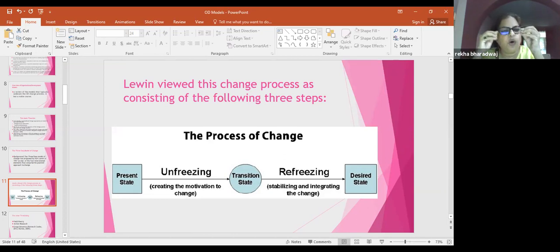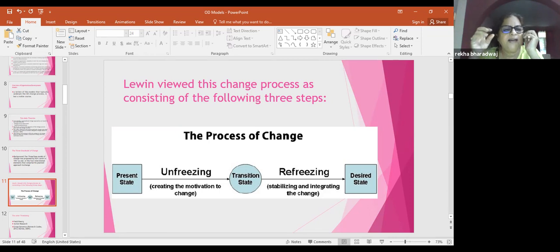And then you sow whatever needs to be sown into the minds of the people, and then you refreeze it. It's like sowing a seed in the soil. So first you will clean it up, because on hardened land, no new seed will go in.